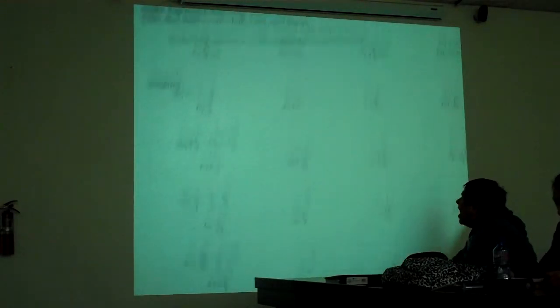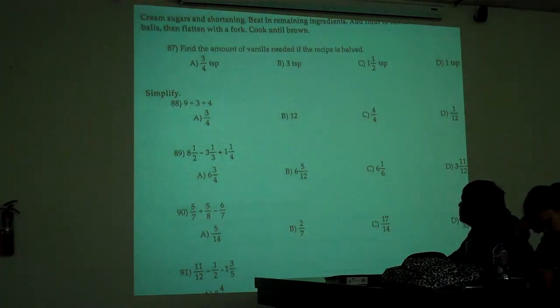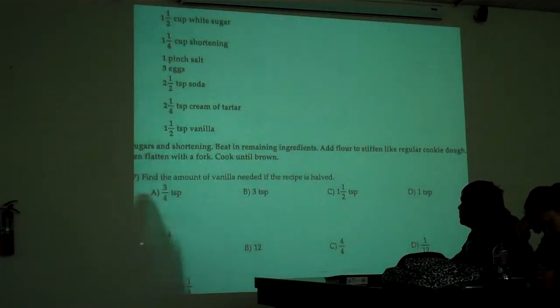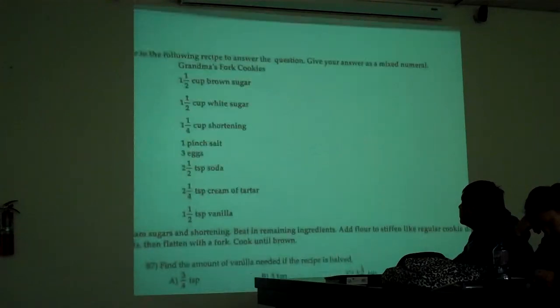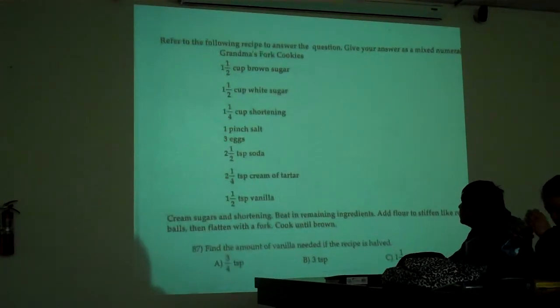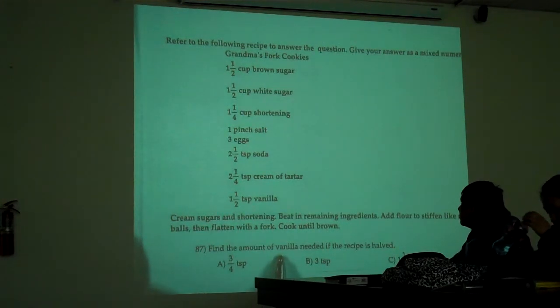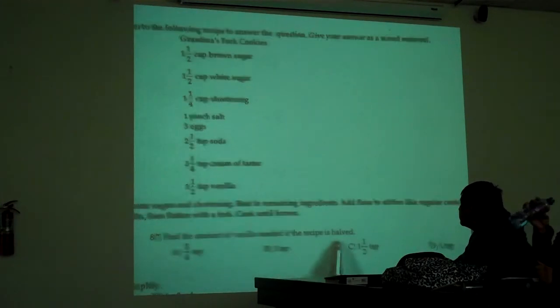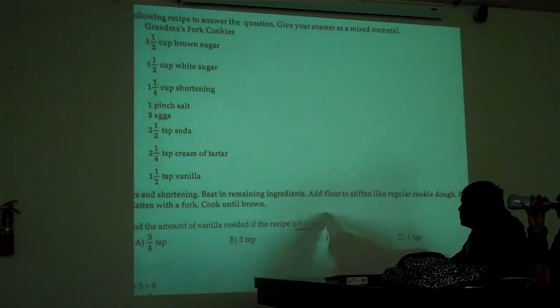Okay, 89. Oh, that was 86, 87. 87 is going to use this recipe here. Okay? Find the amount of vanilla needed if the recipe is halved. How are you going to halve something?